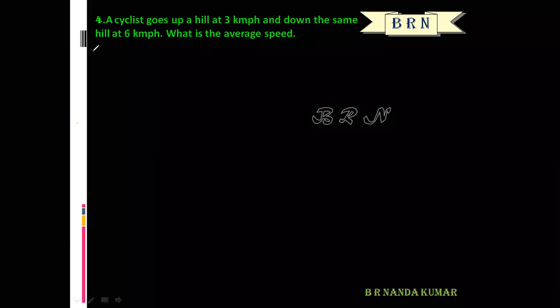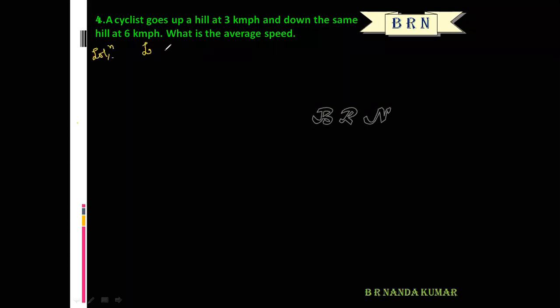First here, let us consider H be the height of the hill. Okay. So what is the total distance traveled by the cyclist?